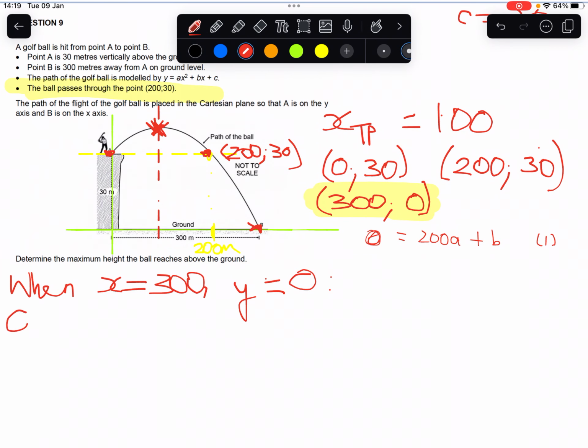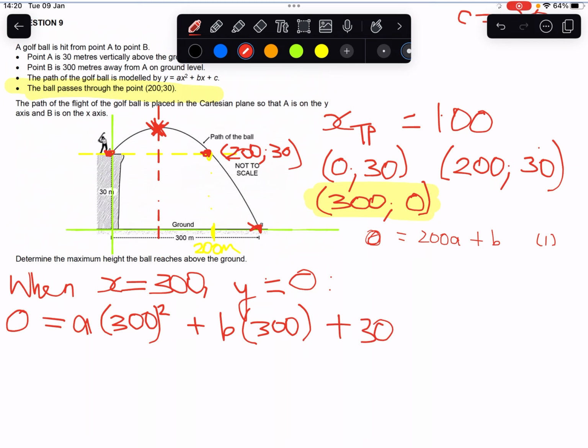So we have Y is equal to 0, A times X squared plus B times X plus C, which we know is 30. Right, so we've got 0 is equal to 90,000A plus 300B plus 30. Okay, so that's our second equation potentially, but let's just make it a bit nicer.